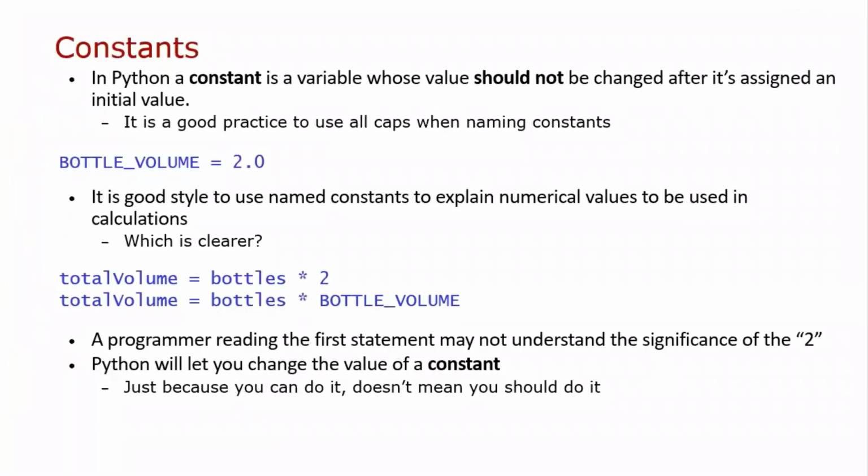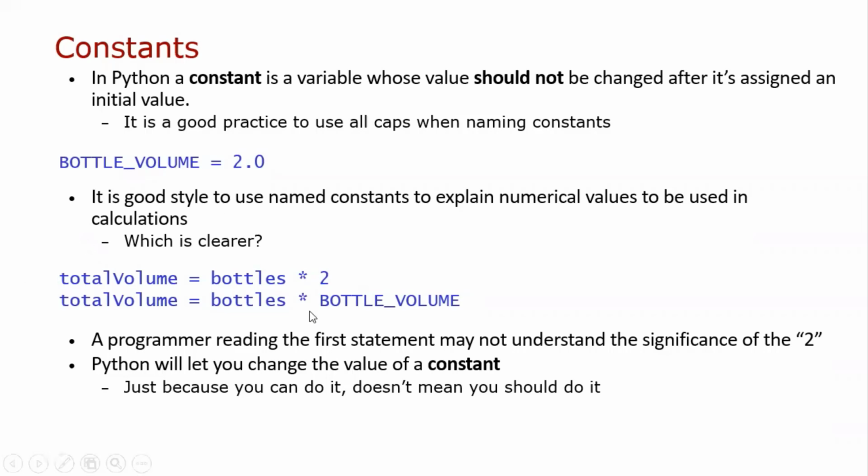Okay, one more thing, and then we're going to start doing some exercises because I got tired. Constants. Sometimes we need to define some constants. What does it mean to define a constant? You're working in a company and the volume of the bottle that you're going to produce is, let's say, 2 liters. And you want the total volume of the bottles that you have now.